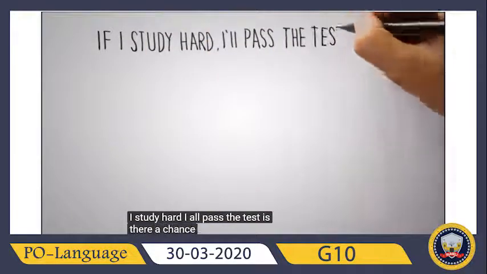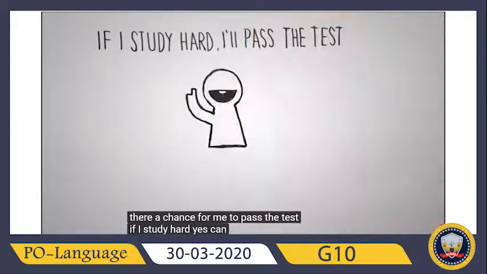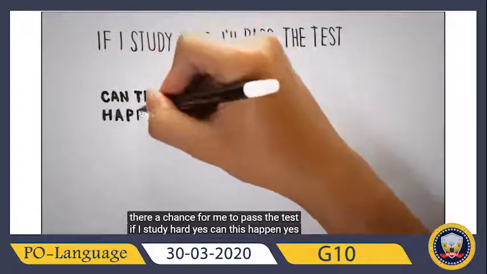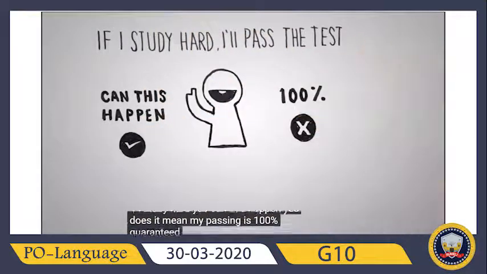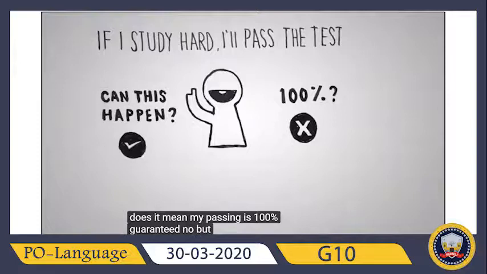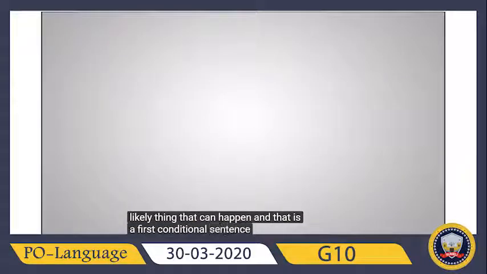Is there a chance for me to pass the test if I study hard? Yes. Can this happen? Yes. Does it mean my passing is 100% guaranteed? No. But passing the test is a very likely thing that can happen, and that is a first conditional sentence.